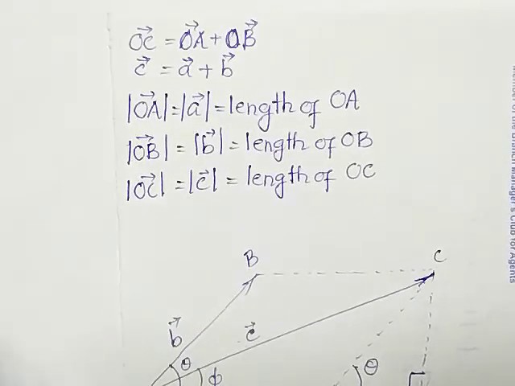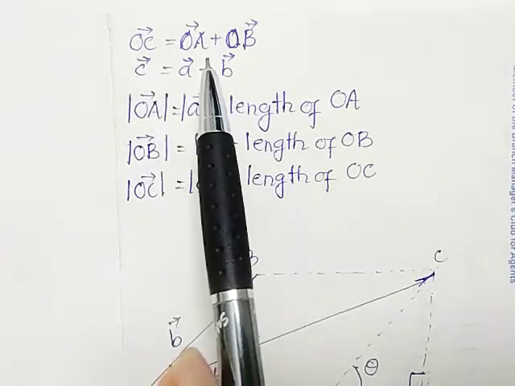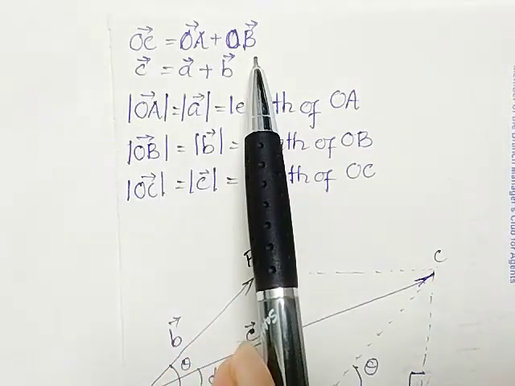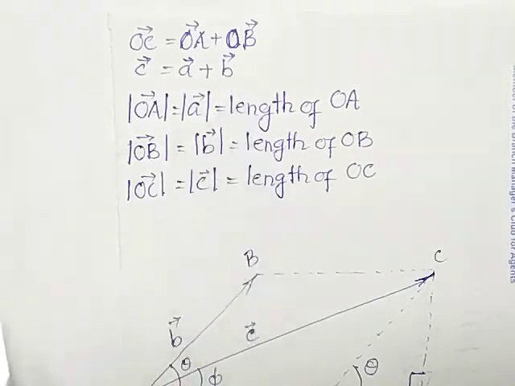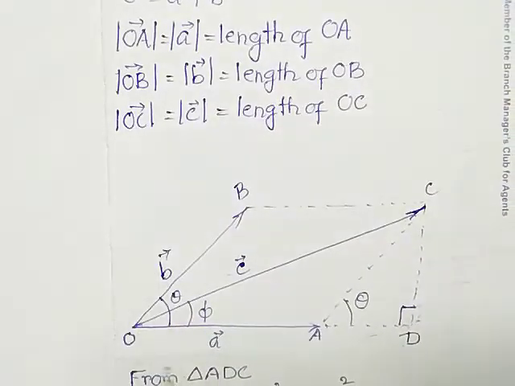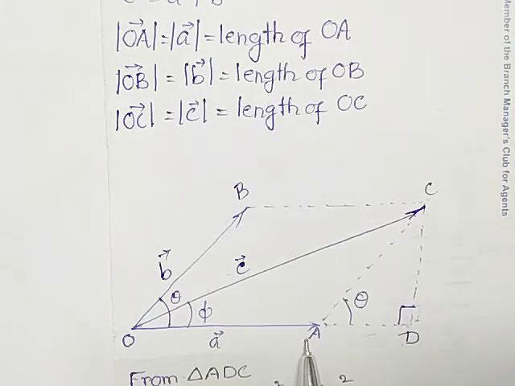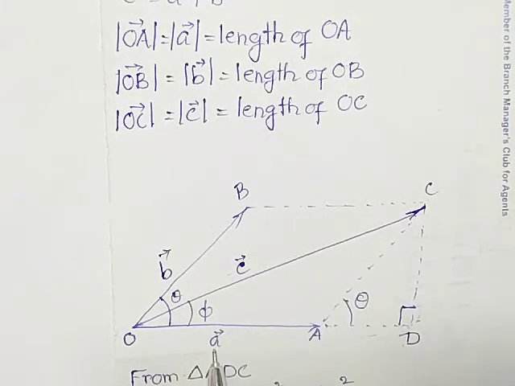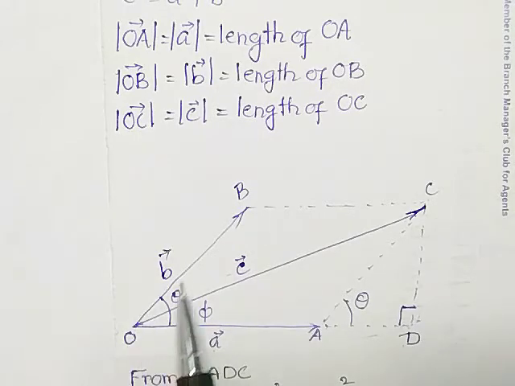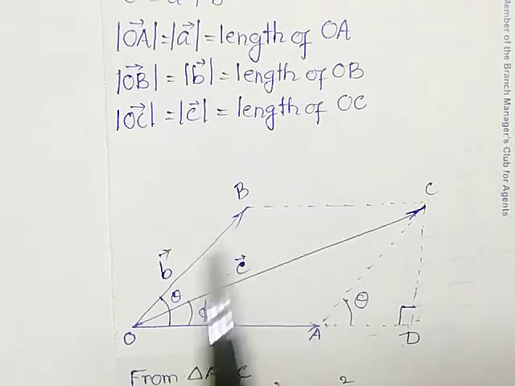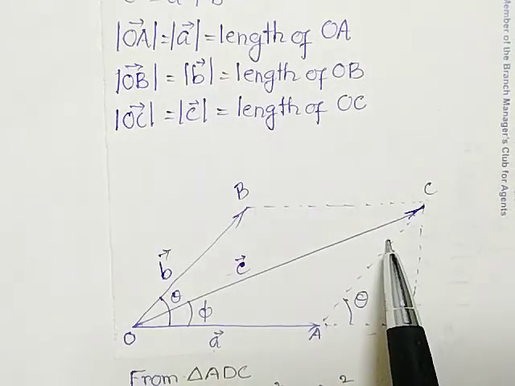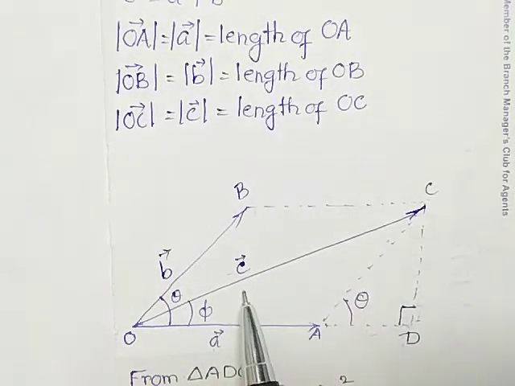So the C vector equals A vector plus B vector. Basically, the length of the OA vector represents the magnitude of the A vector, the length of the OB vector represents the magnitude of the B vector, and the length of the OC vector represents the magnitude of the C vector.